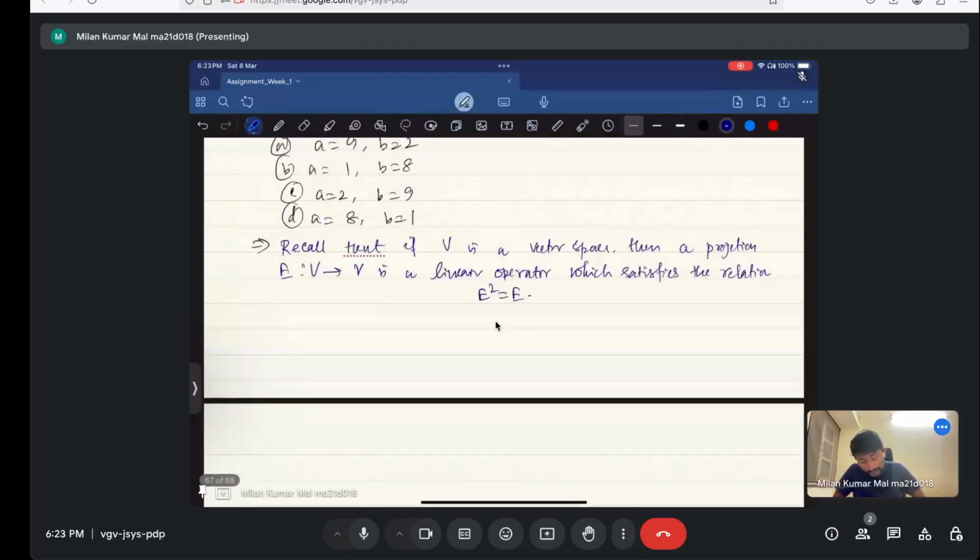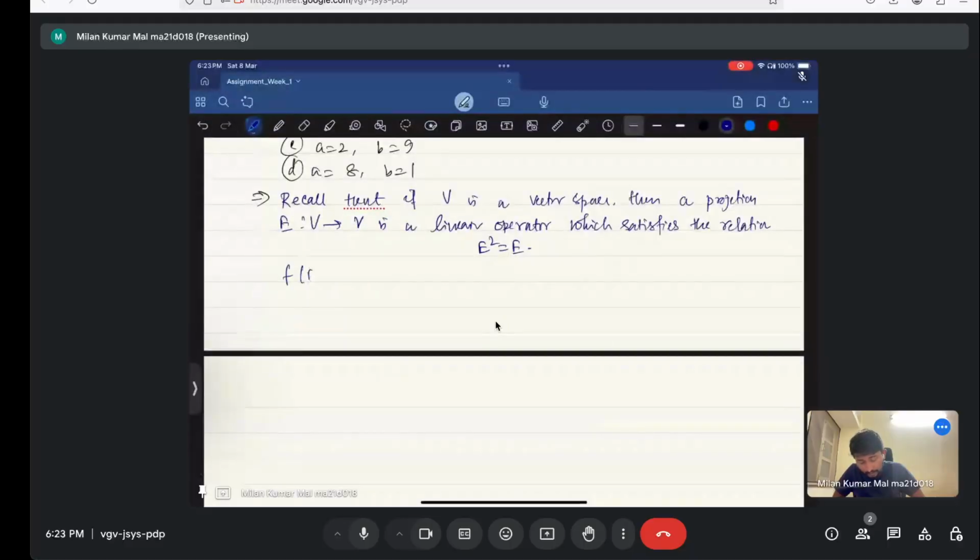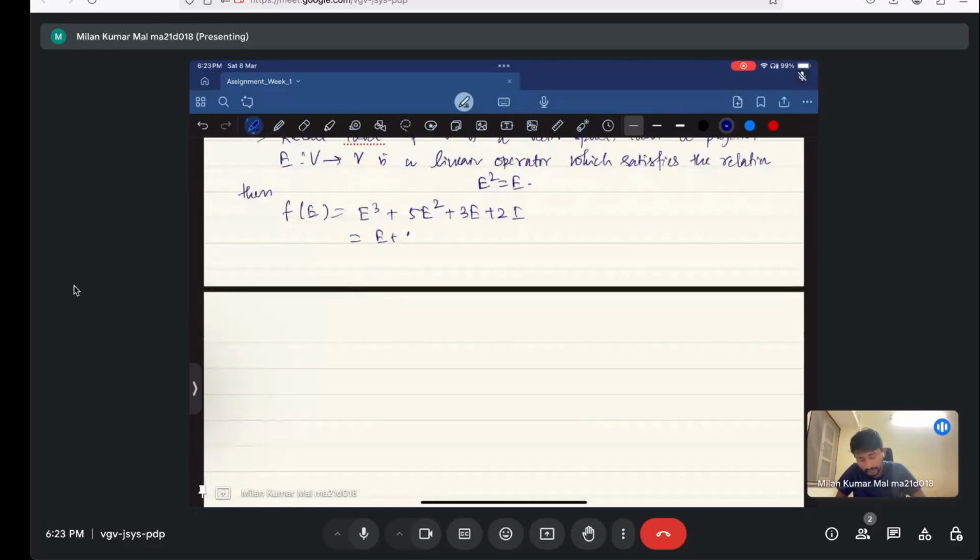Okay, so as f is given as a polynomial, f of E will be E cubed plus 5E squared plus 3E plus 2 times identity. Therefore, E cubed can be written first as E squared, then again E is E, so this will be E plus 5E plus 3E plus 2 times identity, that means this is 2 times identity plus 9 of E.